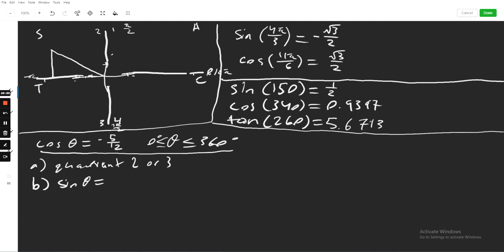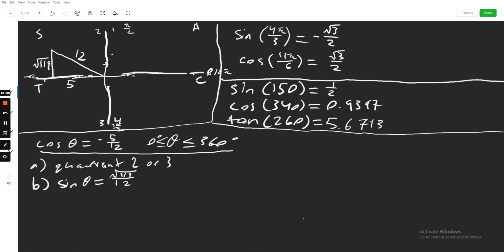So we have 5, we have 12, and then we have root 119, because 144 minus 25 square root is root 119. So opposite over hypotenuse, that is the sine ratio, root 119 over 12. It remains positive because it is in the second quadrant. So that's one primary trig ratio for theta.